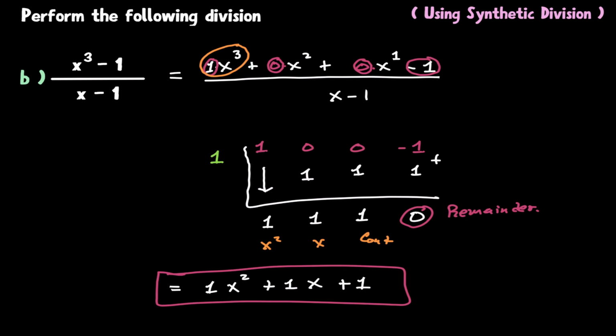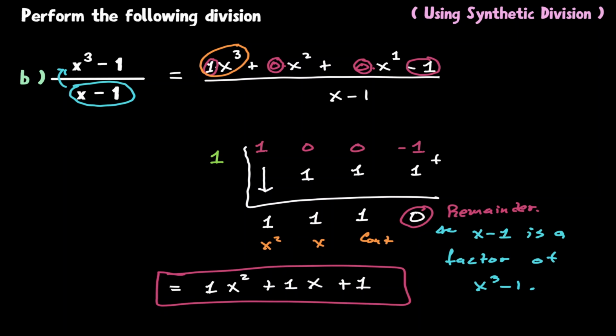And just a little side note, because we had a remainder of 0, this is an indicator that the denominator is a factor of the numerator. X minus 1 is a factor of x to the third minus 1. We can only make conclusions of factoring when our remainder is equivalent to 0.